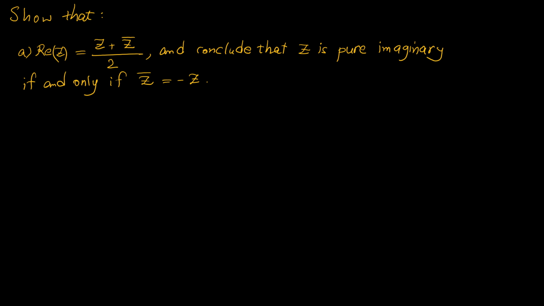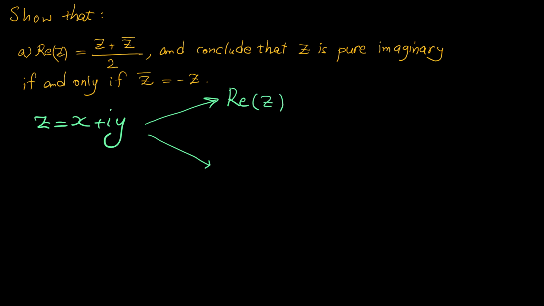To prove this, we suppose our complex number z to be equal to x plus iy. We know that any complex number can be shown in this form. So we suppose z to be x plus iy. Now, from here, let's see what is real of z. We know that real of z is x.